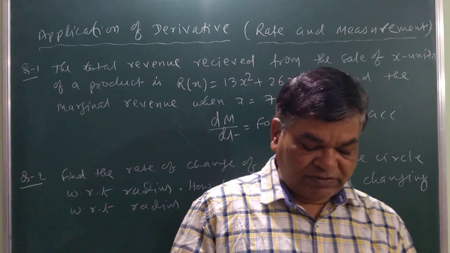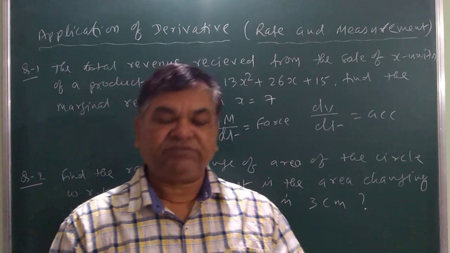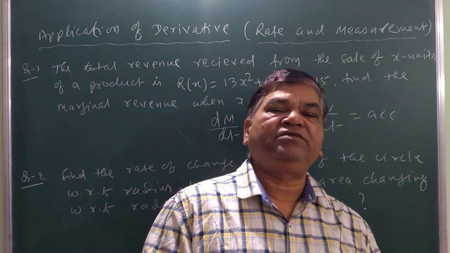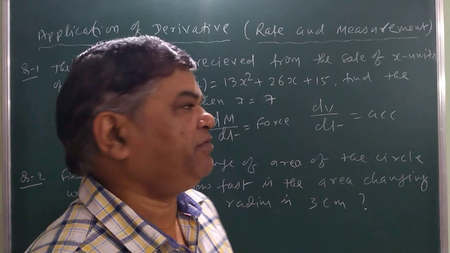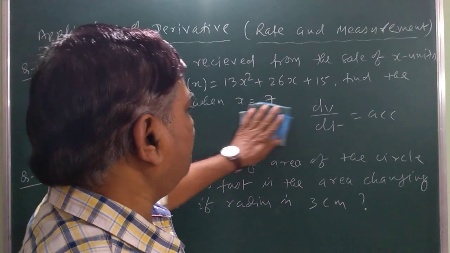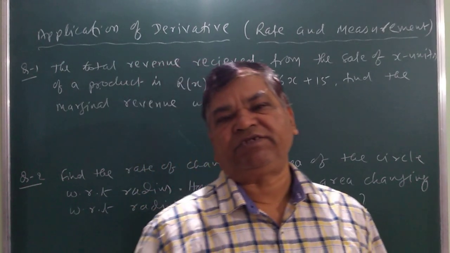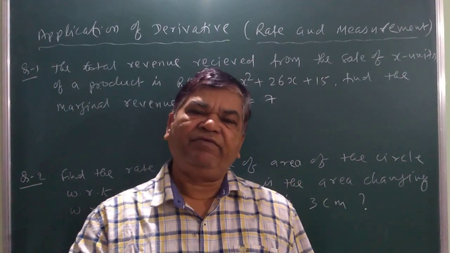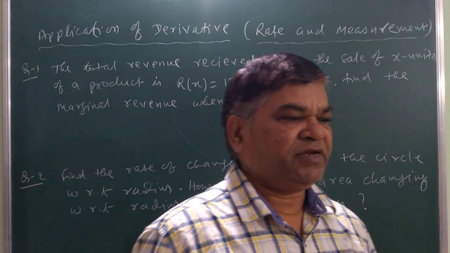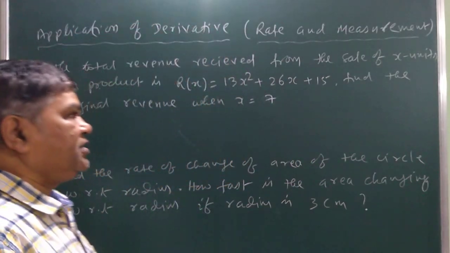So these are the important things we read in the topic of derivative. Not only in science but in economics and statistics also, derivative is very important. Let us take one example here.